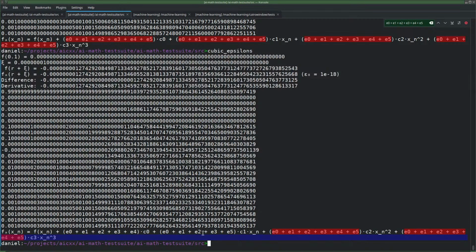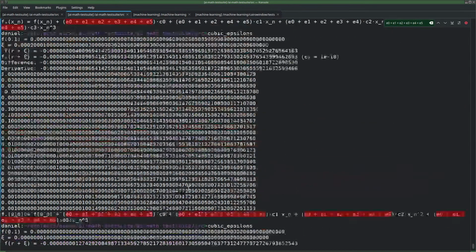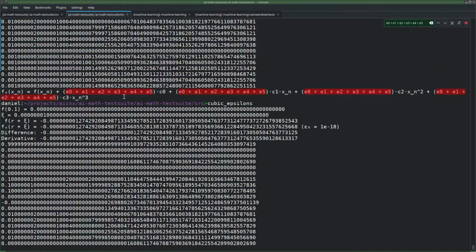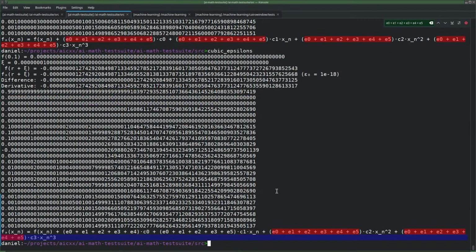Now here the E4 dropped out, the E5 dropped out. I'm inclined to think that the correct answer is that every epsilon happens everywhere. That's all right now. But then why do they sometimes disappear?